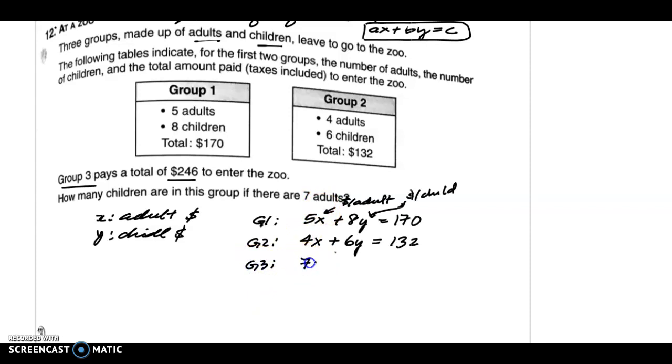We know that there are 7 adults in group 3 plus a question mark of children, and it cost 246, right? So, okay, no problem. We're then going to figure it out in the following way.